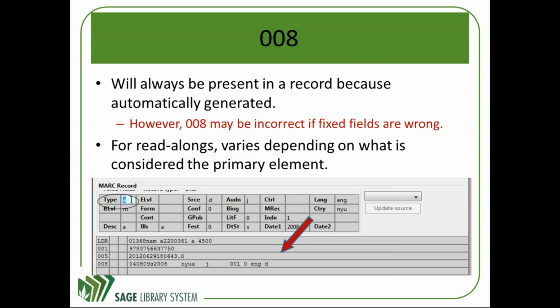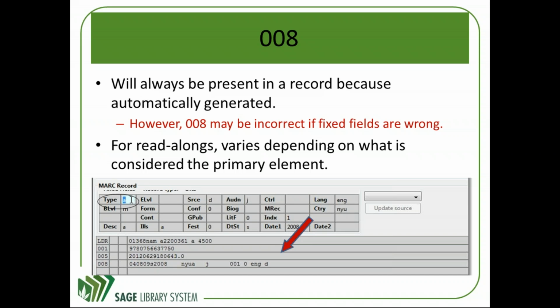There's also the factor that sometimes a read-along is published after, say, a standalone book has already been published, and what might happen is that if the standalone book record already exists, that might be used as the base for creating a read-along record.